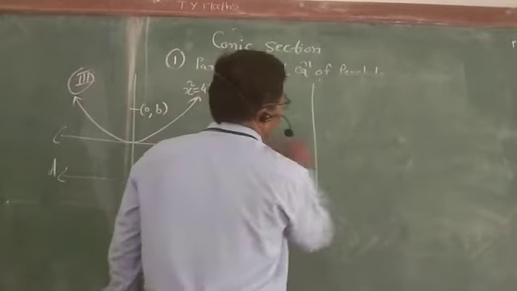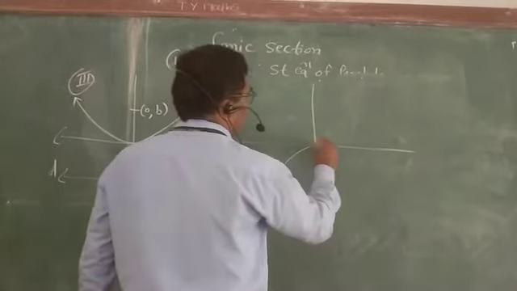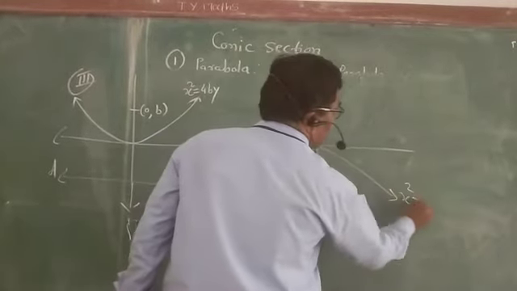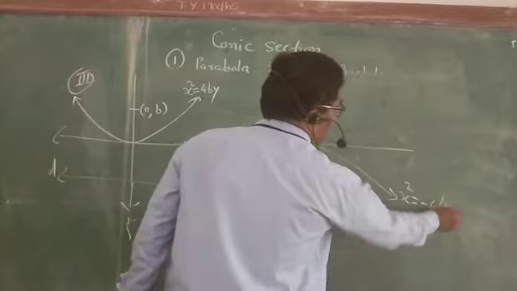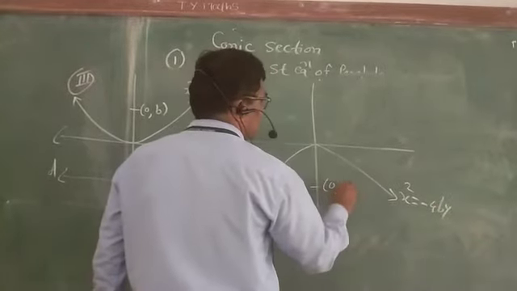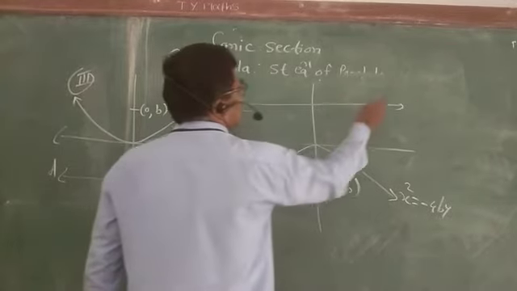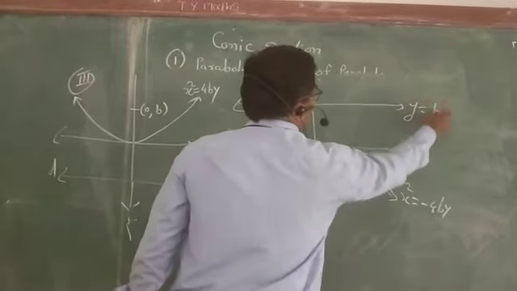Now fourth parabola is x square equal to minus 4by. Focus 0, minus b, directrix y equal to b.